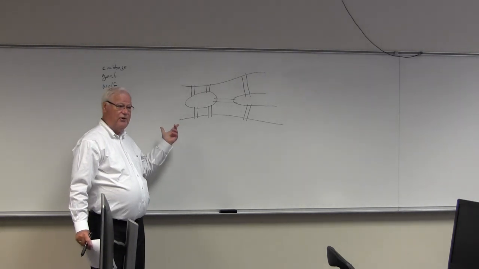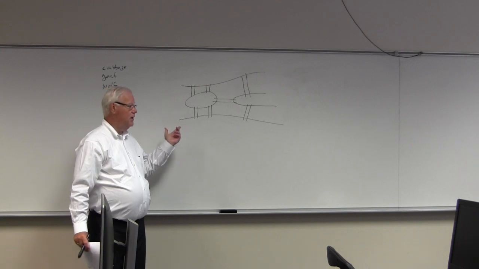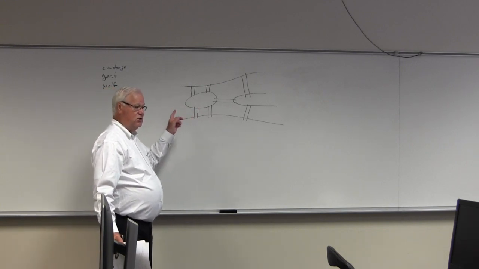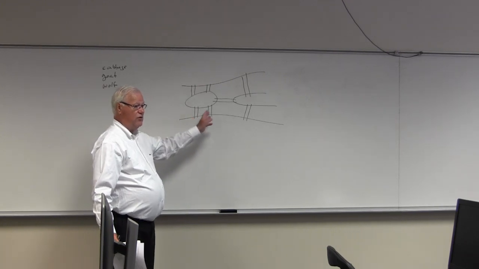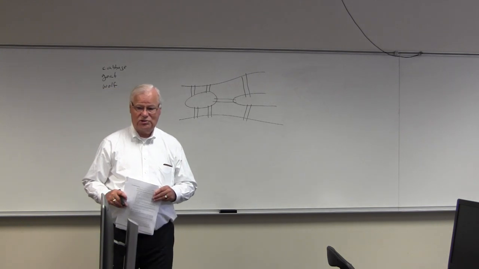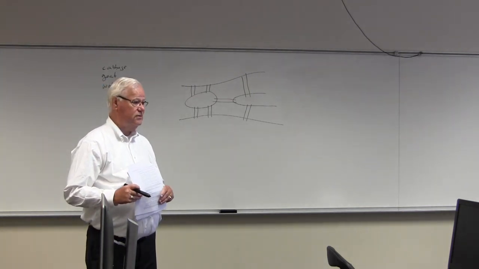But somebody came up with a puzzle. Can somebody figure out how to start somewhere in here and walk in such a way that you cross every bridge in town and get back where you started, but only cross each bridge once?